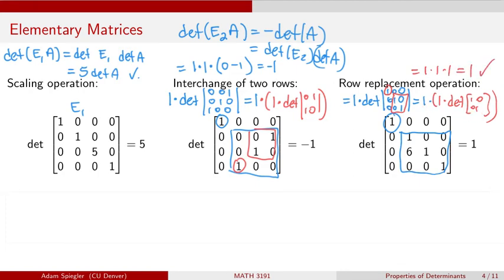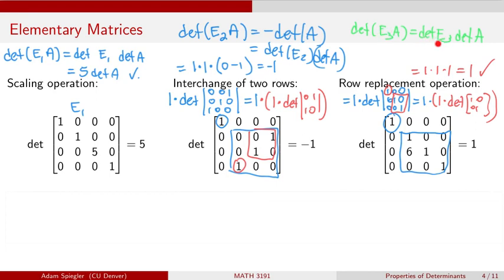So doing a row replacement operation on the identity matrix, we verify that this doesn't change the determinant. And so with row replacement, we get a similar result: the determinant of the product of a row replacement matrix on the left times some matrix A can be written as the product of the two determinants, since we showed before that this doesn't change the value of the determinant.